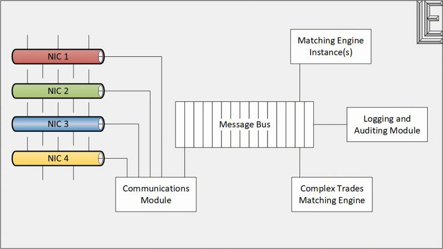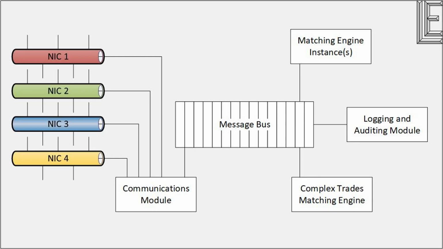When a viable trade occurs, the matching engine follows its normal logic and places the matched trades back on the message bus. Finally, the communications module takes this message and sends it out of the relevant physical interfaces. The message bus can be monitored by other processes for logging and synchronization with peer matching engines.